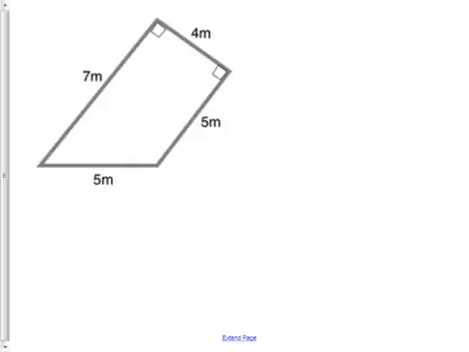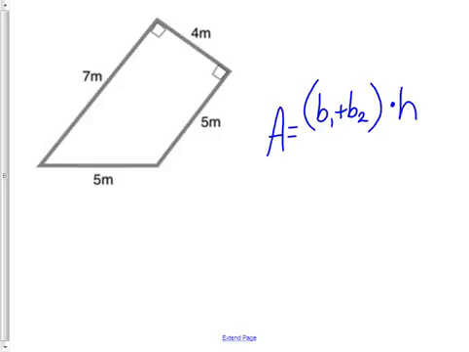All right, another example. Again, the formula for area of a trapezoid is area equals base 1 plus base 2. And again, I can go ahead and multiply by the height first if I want to, and then divide by 2. It doesn't particularly matter whether you multiply by the height or divide by 2 first. Either way will work because you're going to get the same answer. When I look at this figure and I look for my two parallel sides, this one's a little tricky.